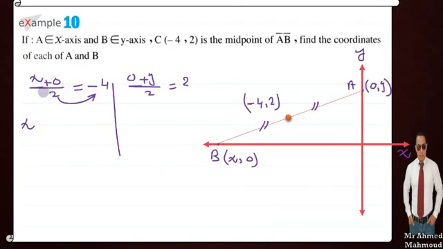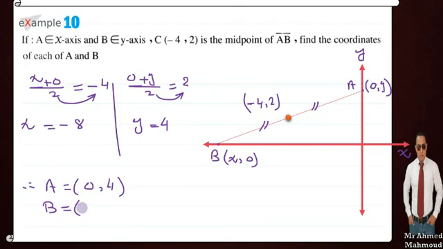Then x plus 0 equals x equals negative 8. 0 plus y equals y, and 2 times 2 is 4. Then x equals negative 8 and y equals 4. Therefore, A equals 0 and 4, B equals negative 8 and 0.